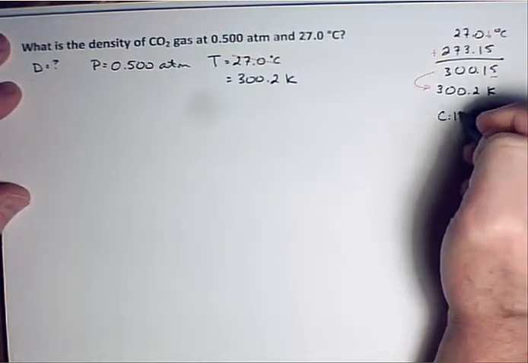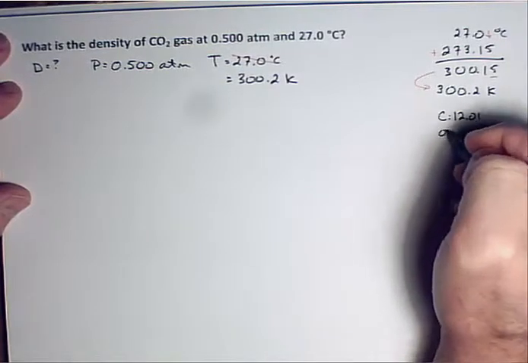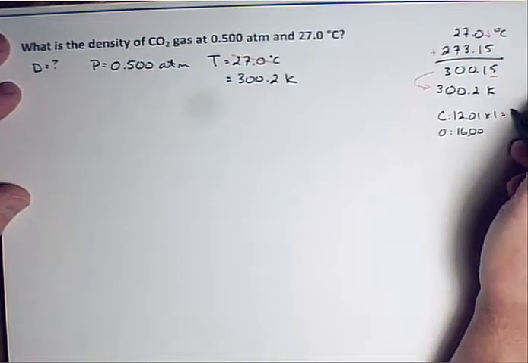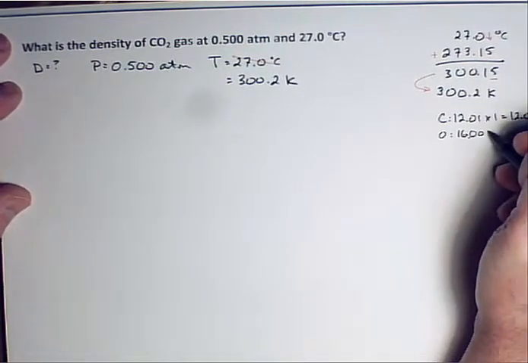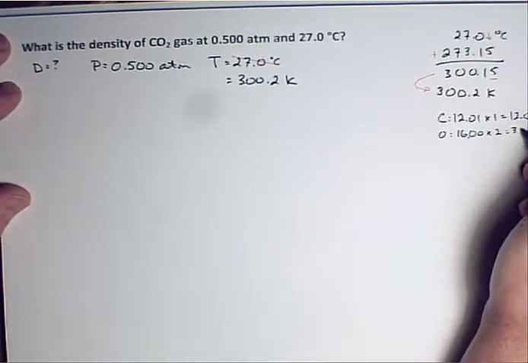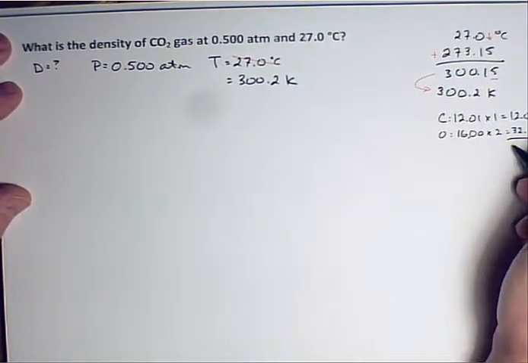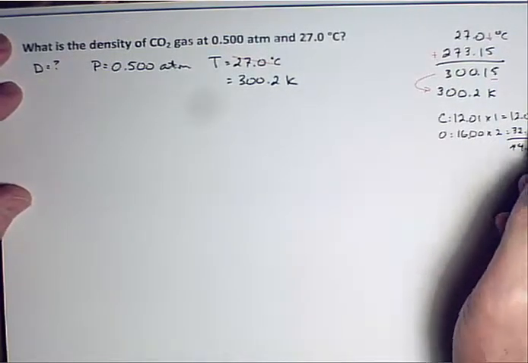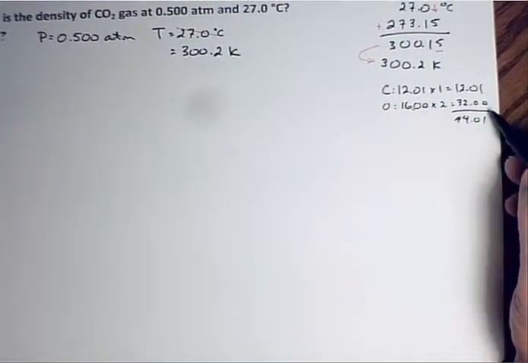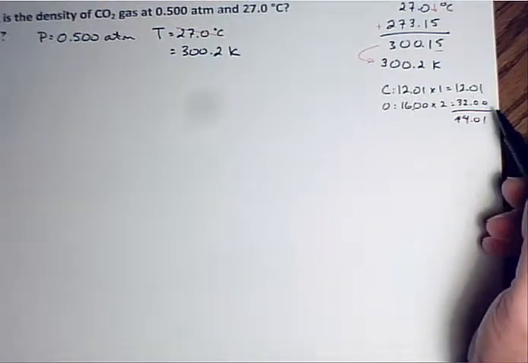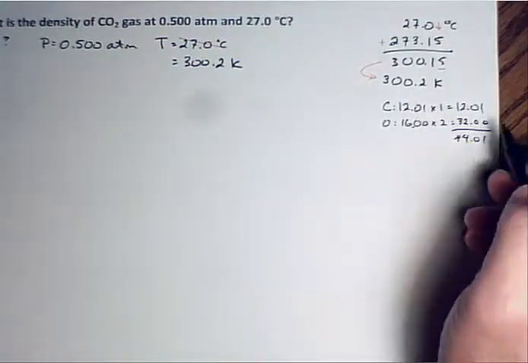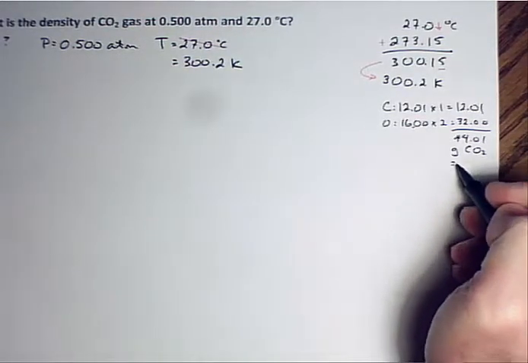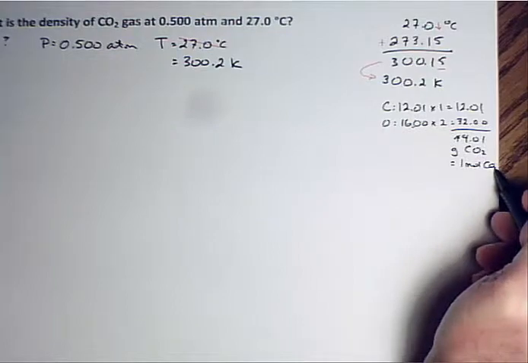So carbon is 12.01, oxygen is 16, and we've got 1 carbon, and we've got 2 oxygens. And we add it together, and we get 44.01. And there's no reason to round off over here because there's no empty slots to the right. And it's only empty slots to the right, not empty slots to the left that you round off. And so this is going to be grams of CO2 equals 1 mole of CO2.